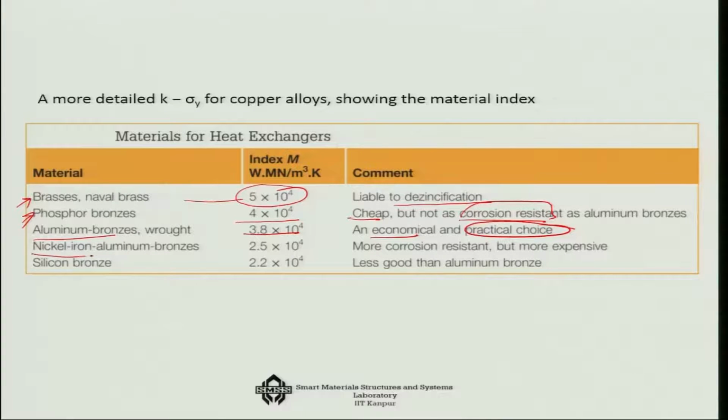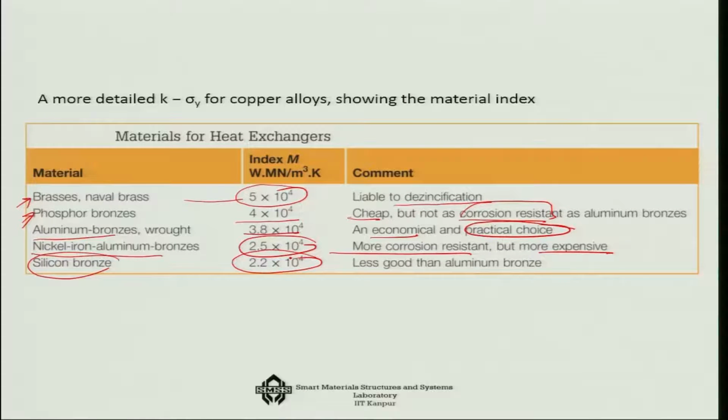Nickel iron aluminum bronze is more corrosion resistant, but it is more expensive, and its index is also a little less. Similarly, silicon bronze is less good because its index is less.